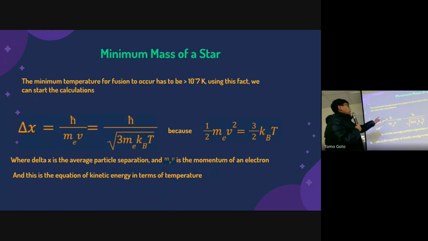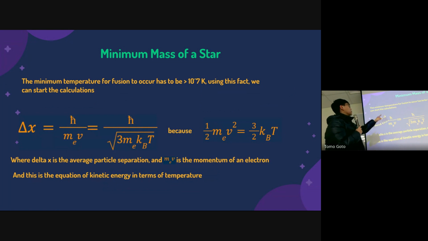So this is a fact that we can take for granted, that the minimum temperature for a fusion to occur has to be greater than 10 to the power of 7 Kelvin.